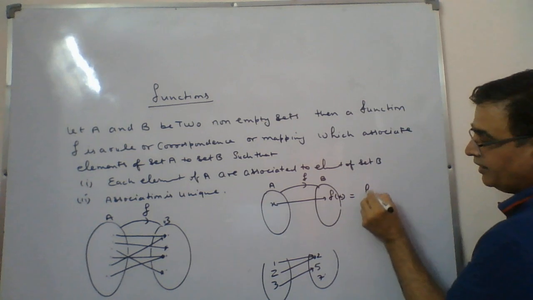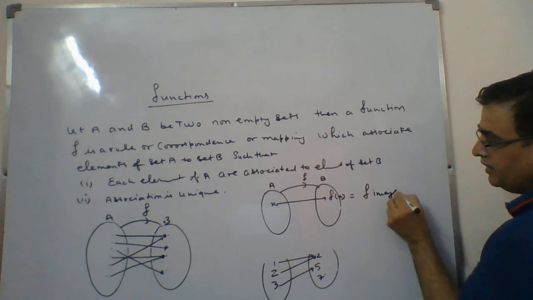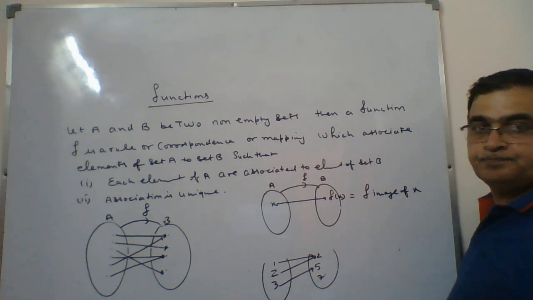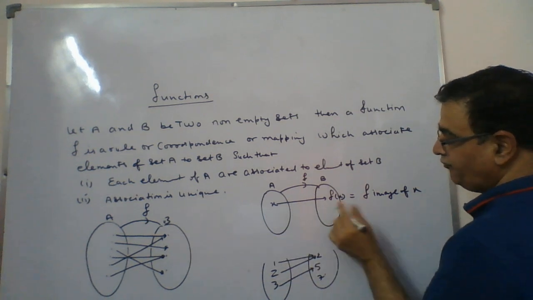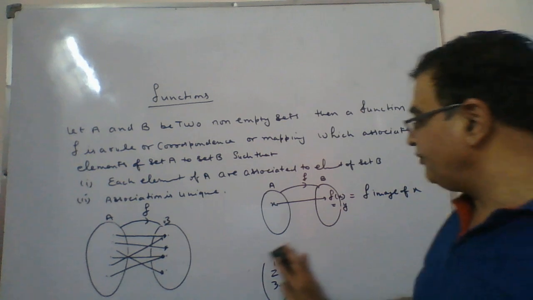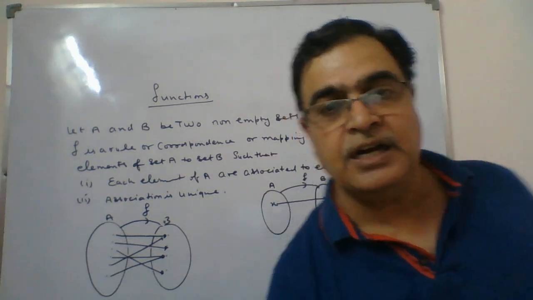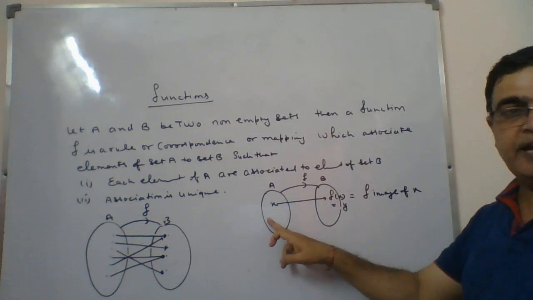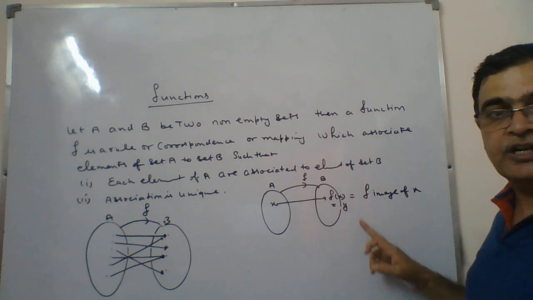So X is here, this is F image of X, which we'll take as Y. So every element has the association this side, it is X, then this will be Fx, which we'll take as Y.